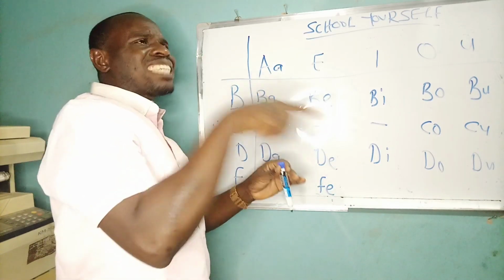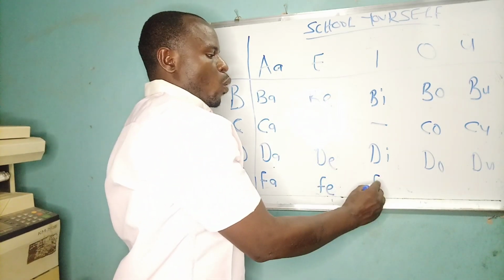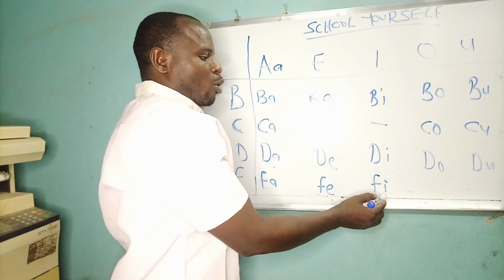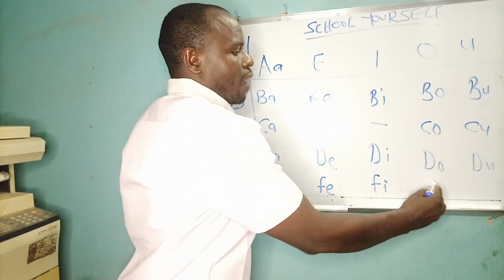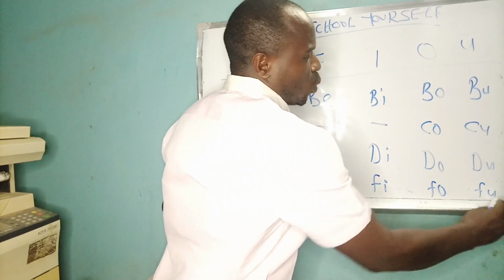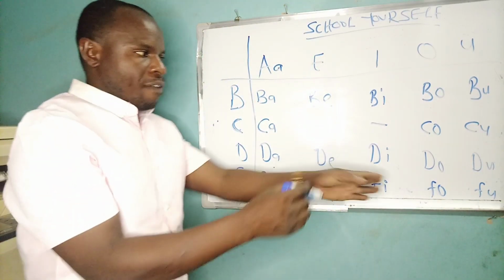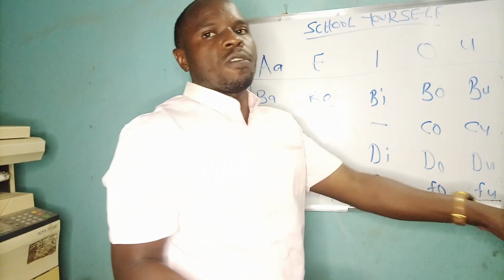The real thing is the last sound of it. So if I'm having F with E sound, I told you I for E. "Fi." I have F with O, that's "fo." I have F with U. F with U is O sound, that's "fo."